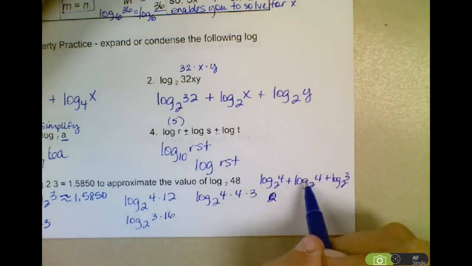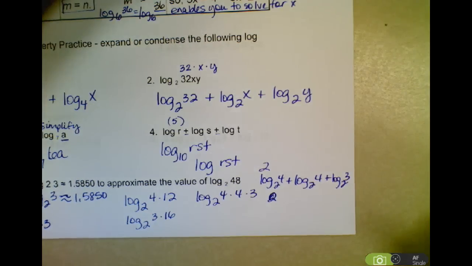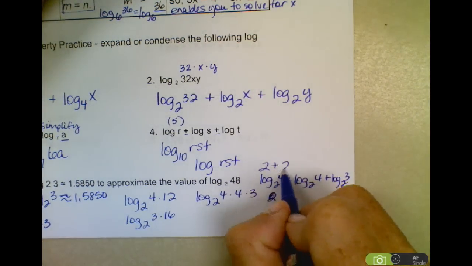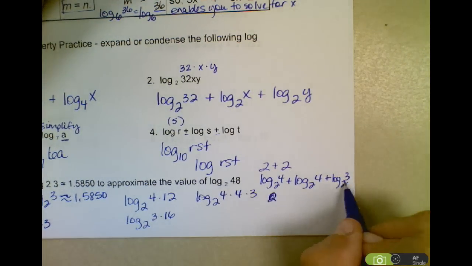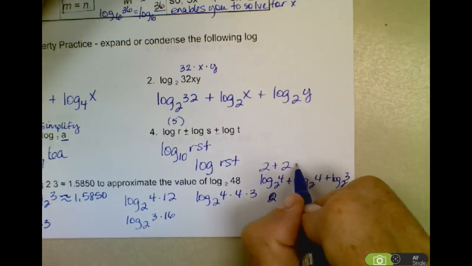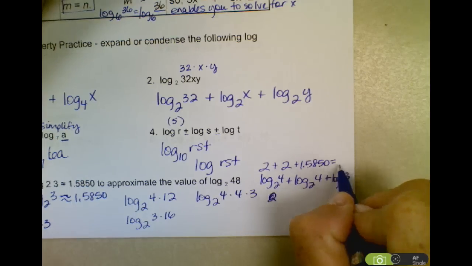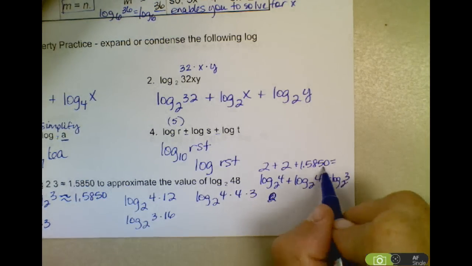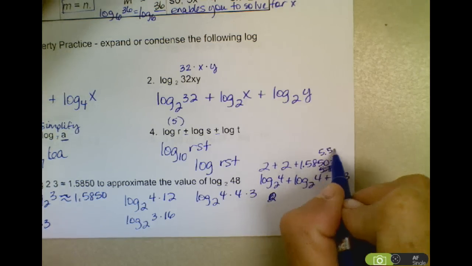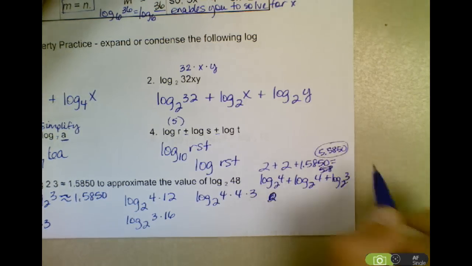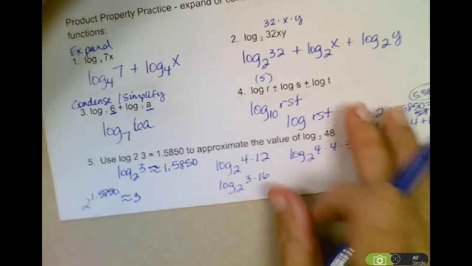Now I have values for each of those. I know that this equals 2. 2 to the second power equals 4. I have another one of those. And then log base 2 of 3 is about 1.5850. So total I should get 5.5850. Let's see if we get the same answer down here.